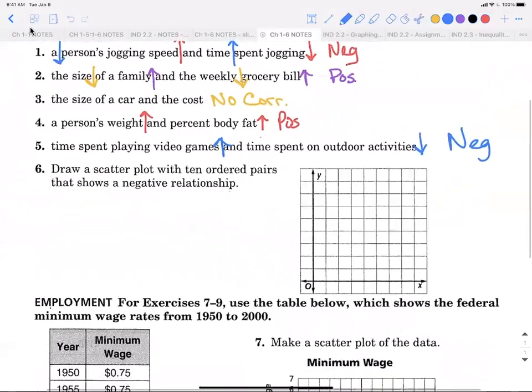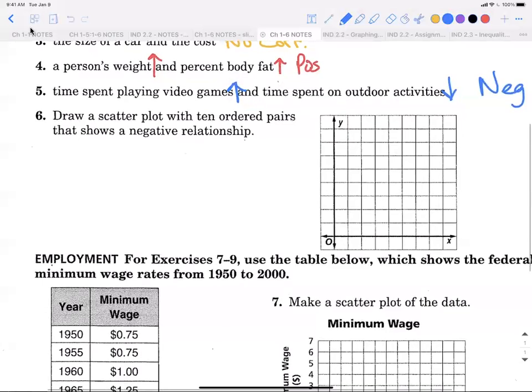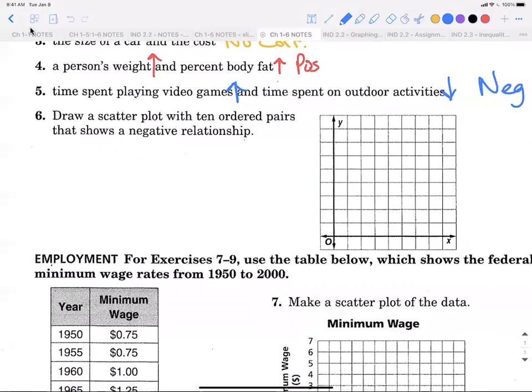Okay. You're going to have one like this on your homework. You don't have to sketch this if you don't want to, I think it's a pretty easy concept, but if you want to, you certainly can. So the directions say, draw a scatter plot with 10 ordered pairs, which just means a point, right? 10 ordered pairs that show a negative relationship.